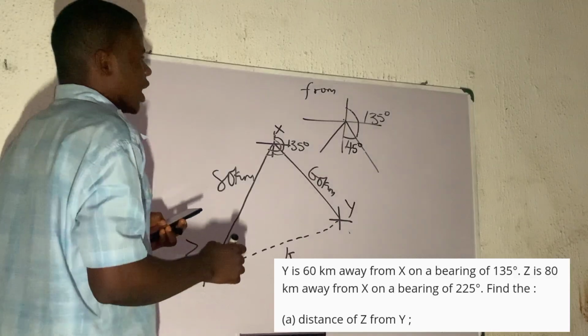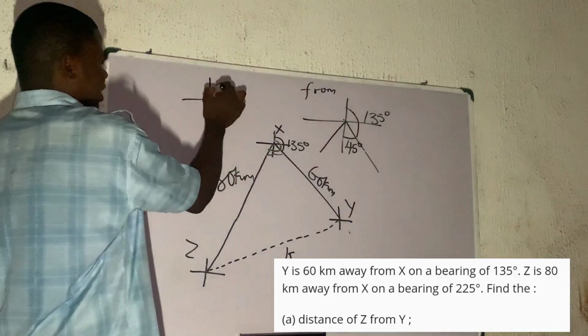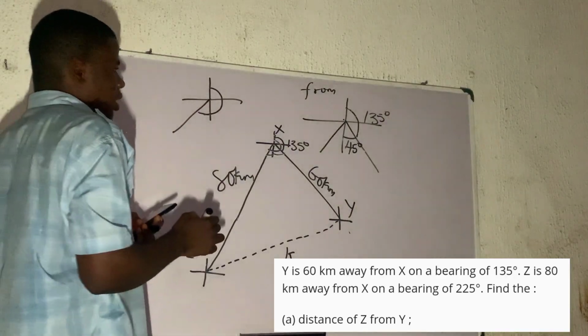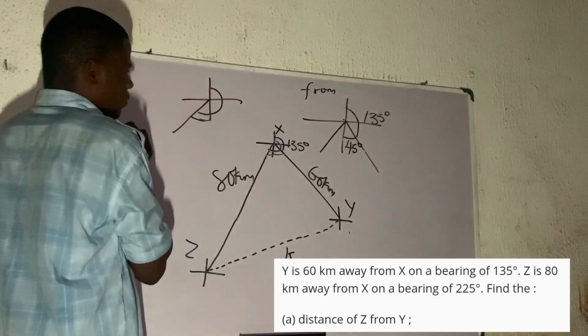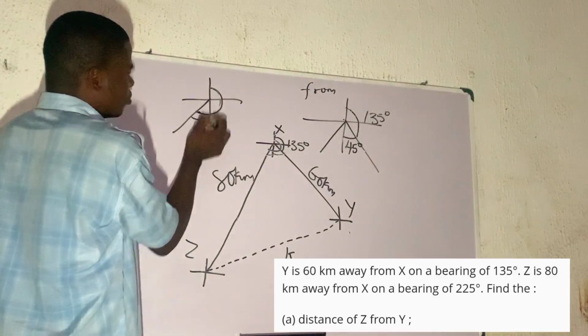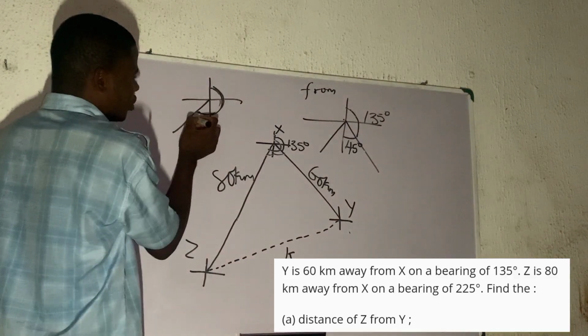Does it make sense? Now, they said again that the bearing of Z from Y, that's from here to here, is 225 degrees, right? And I actually need this smaller angle. Now, if from here to here is 225 degrees, how do you get this smaller angle? You must do 225 degrees minus 180, which will give you this smaller angle.